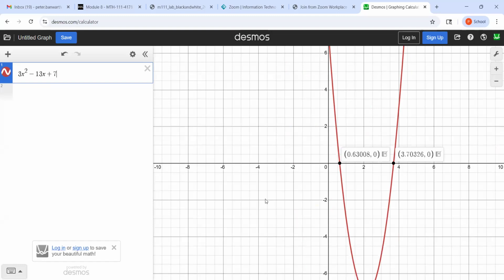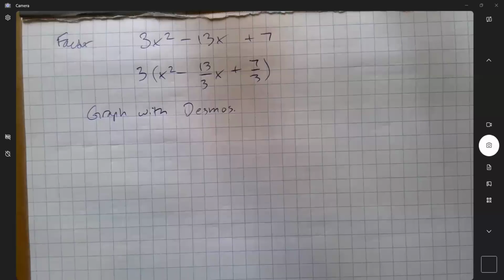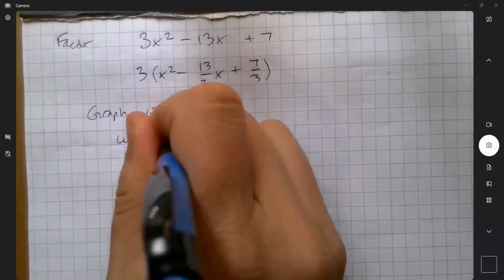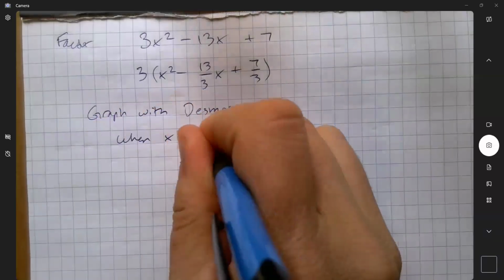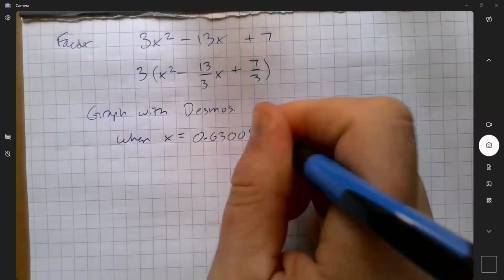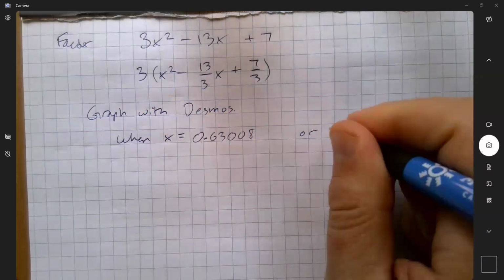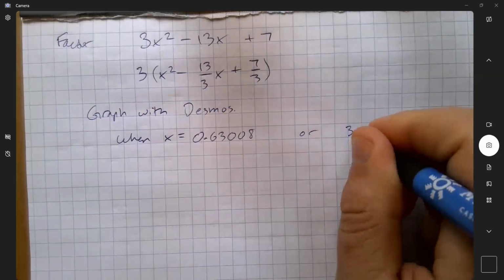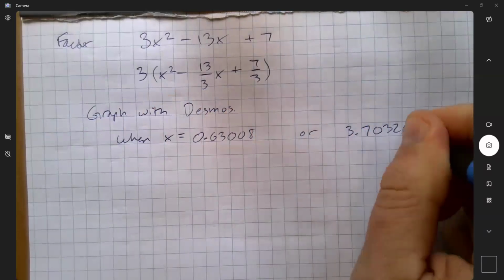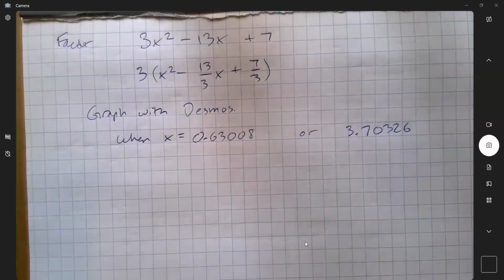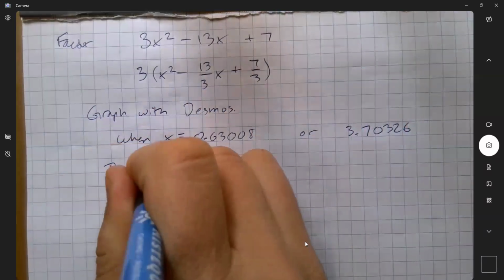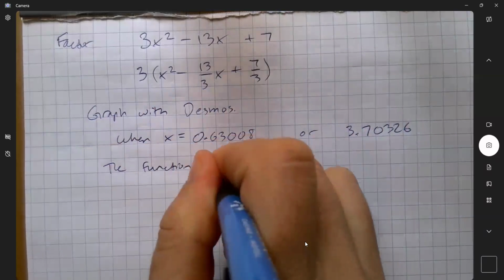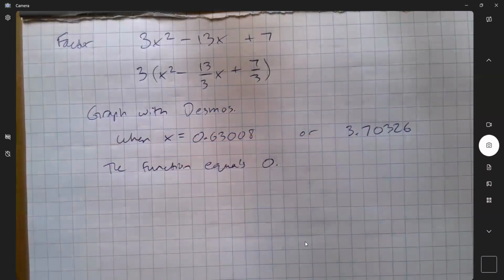And so when x equals 0.63008 or 3.70326, when x equals one of those two values, the function equals 0.